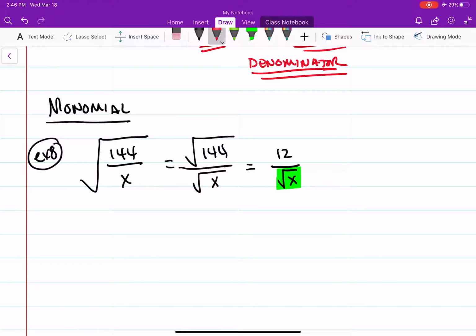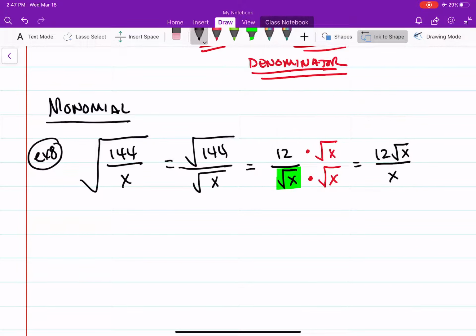Well, this is easy because the index is a 2. I need another one. So if I had square root of x times square root of x, what does that give me? Just plain old x. So that would get rid of that radical. So therefore, I'm going to multiply the top by the same thing. And when I do that, the top is going to be 12 square root of x over x.